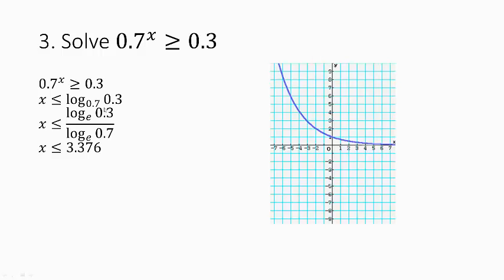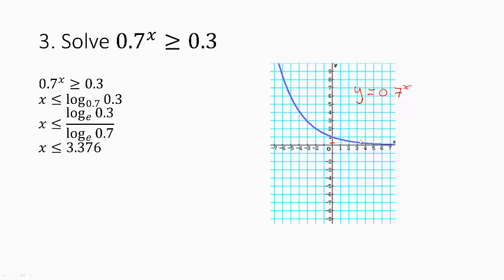Well, let's have a look at a graph. Here's a graph of y equals 0.7 to the power of x. You'll notice whenever we have a fractional base to the power of x, the graph goes in the opposite direction to what we would normally expect. And so we're looking, when is this larger than 0.3? Well, 0.3 is up here somewhere.